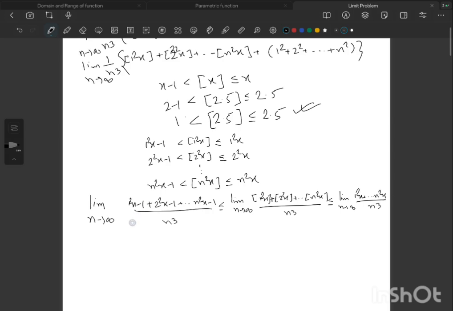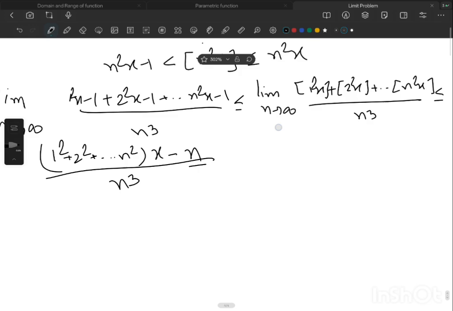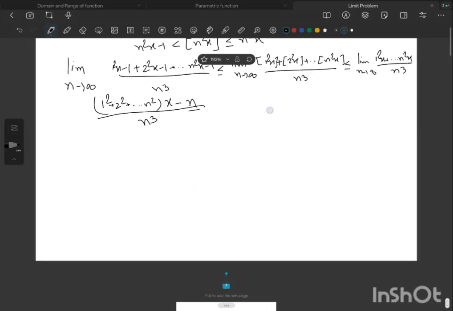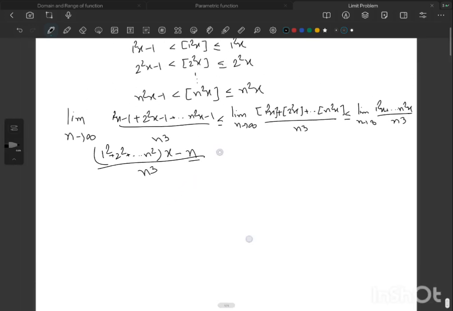Now take x common: this becomes 1 square plus 2 square and so on up to n square, times x, minus n, since minus 1 up to n times gives minus n, divided by n cube. The right side stays as it is.